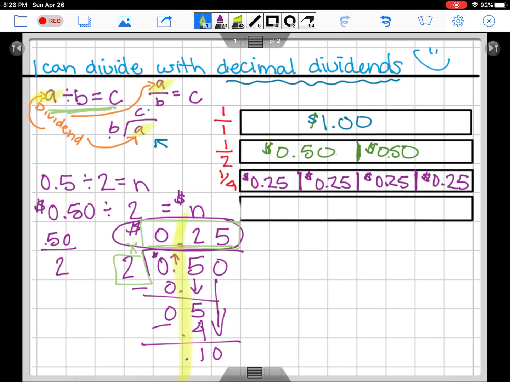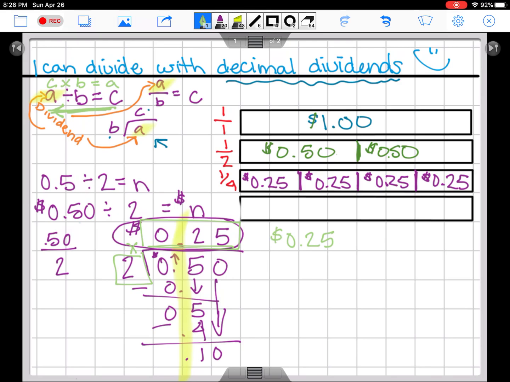The way I like to think of this is a divided by b equals c. We're going to do it backwards. So we start with c multiplied by b equals a.